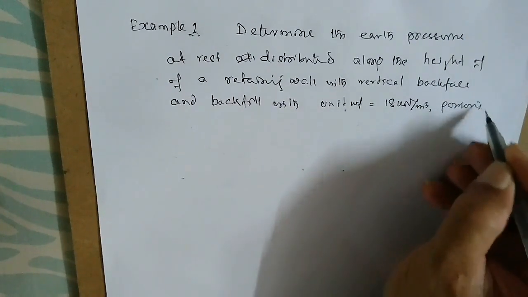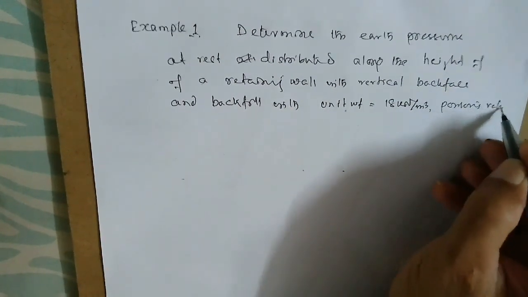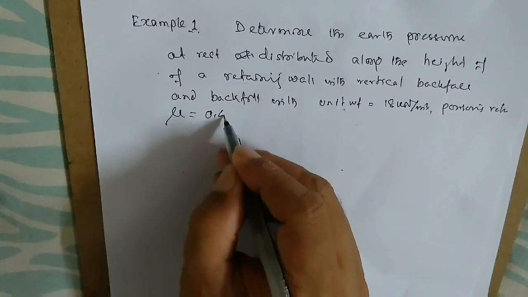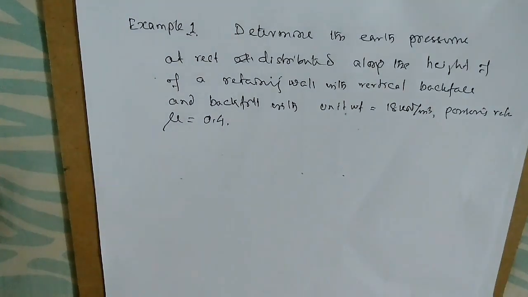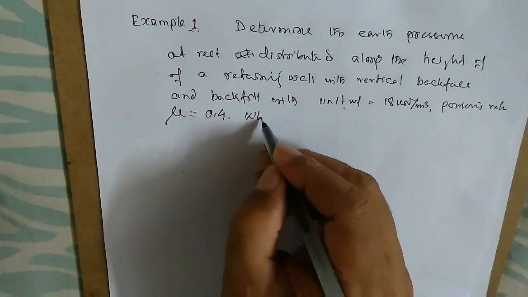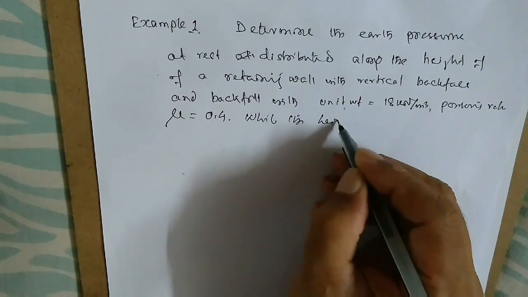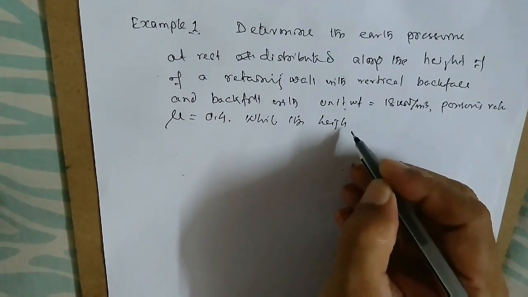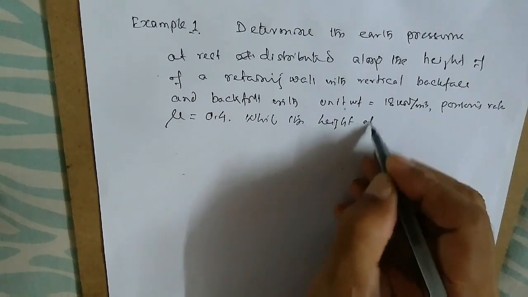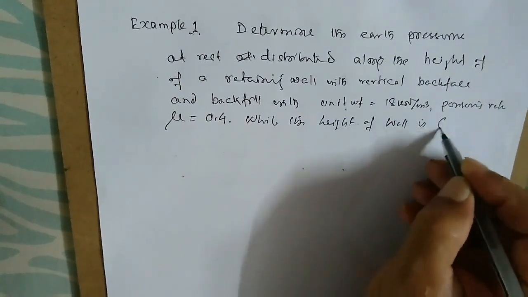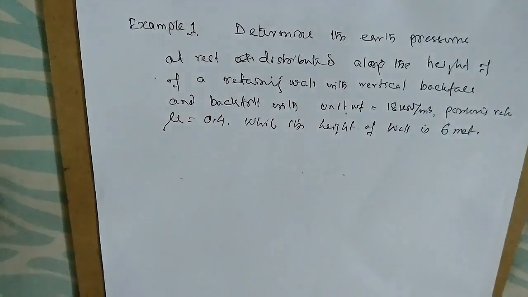Poisson's ratio, that is mu, is equal to 0.4, while the height of the wall is 6 meters.